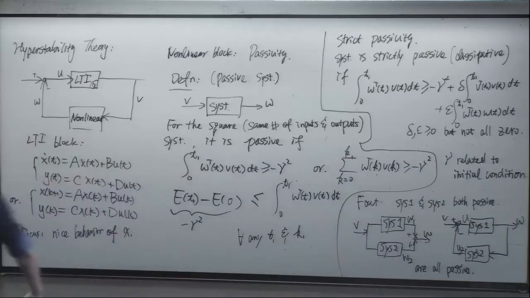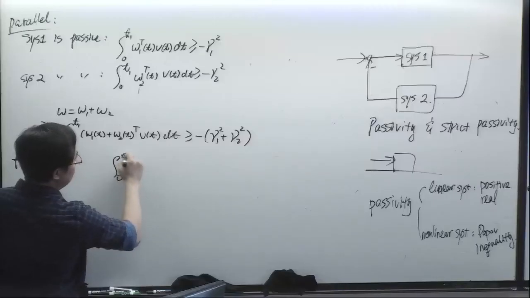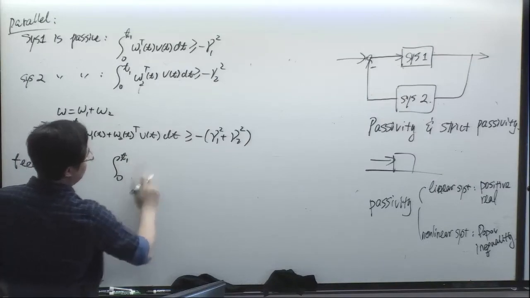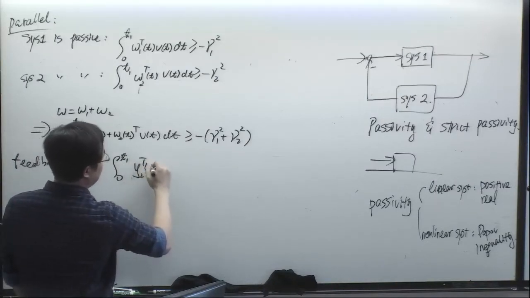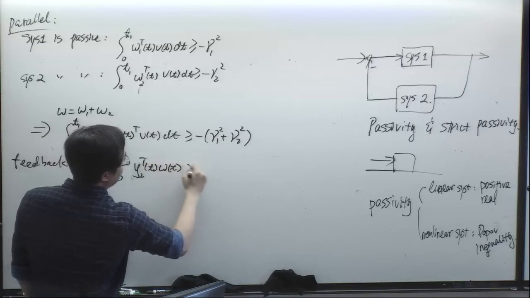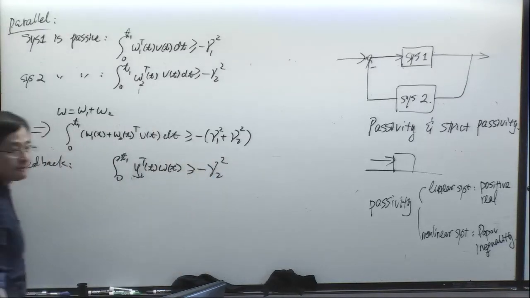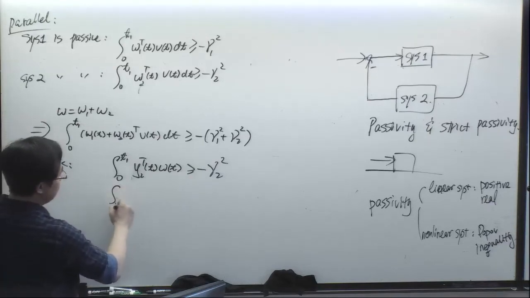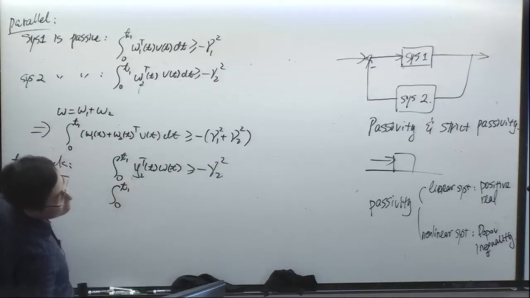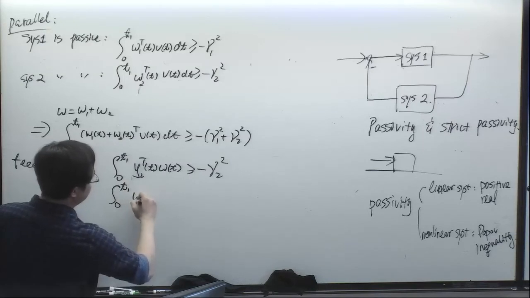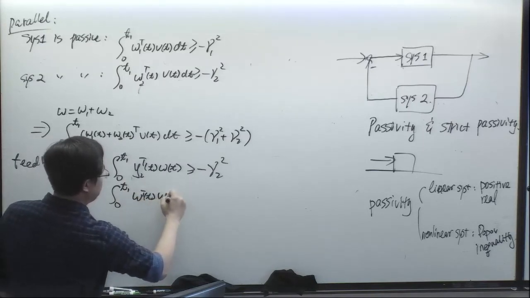So let's just start with, we know system 2 is passive, so the integral of Y transpose W is bounded. And then we also know that system 1 is passive, so the integral of W transpose U is also bounded.